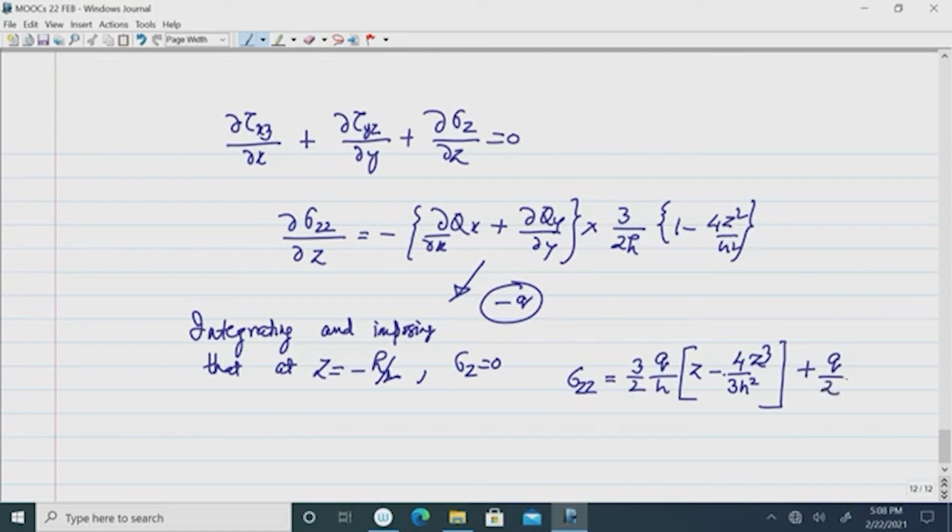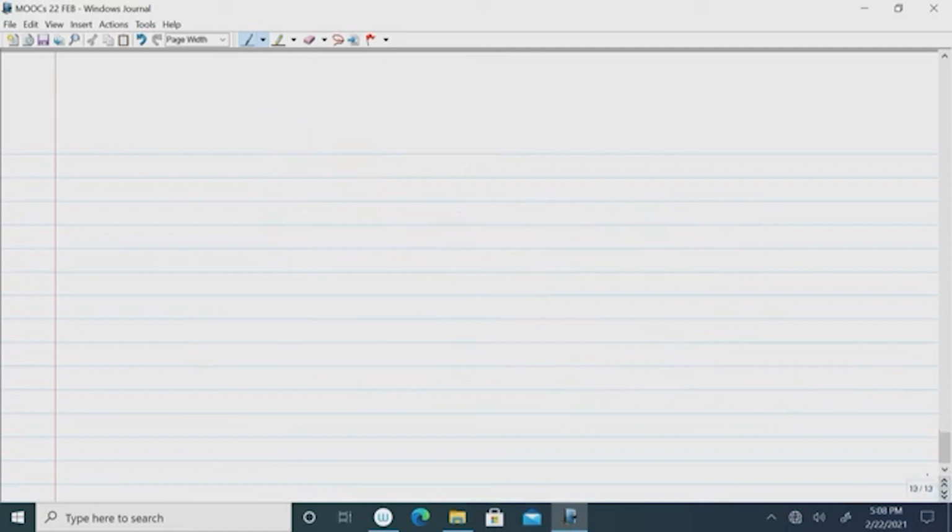So, you can see now at z equal to 0, that is at the mid plane, the sigma z, the normal stress, that is the crushing stress, is q by 2. But at z equal to minus h by 2 it is 0, and at z equal to plus h by 2 it will be q. So, now I can show you the distribution fully for all stresses. Okay.